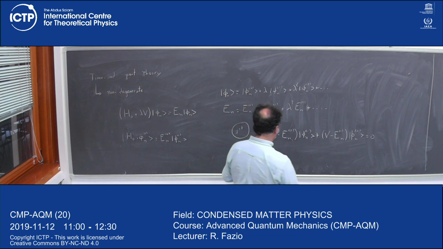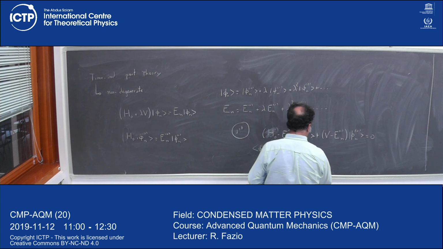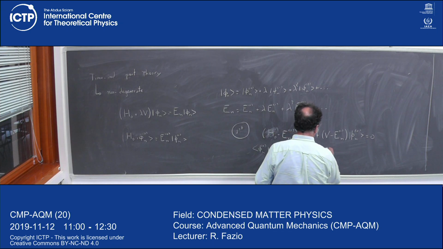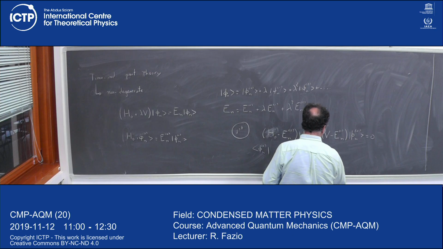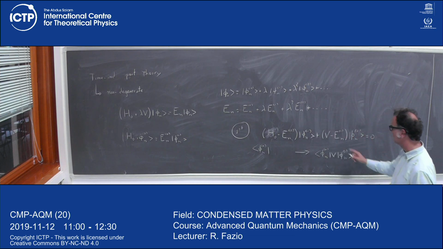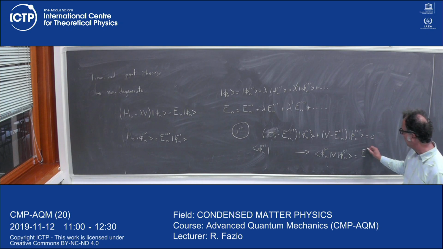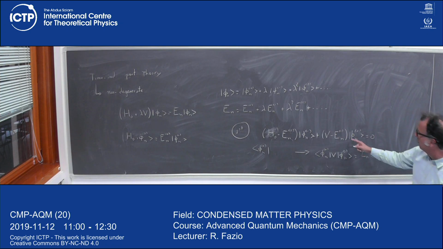Okay? So the only term which remains is phi 0n V phi 0n equal, just put it on the other side, E1n, because phi 0n is normalized to 1. So in this way we found E1.